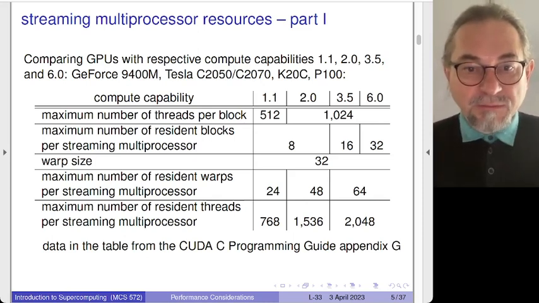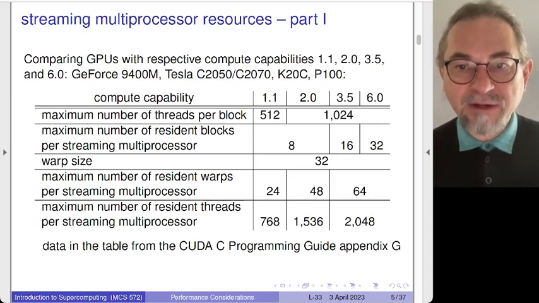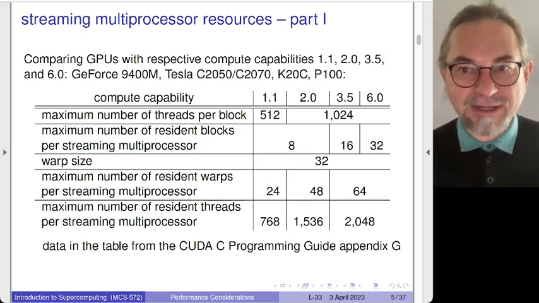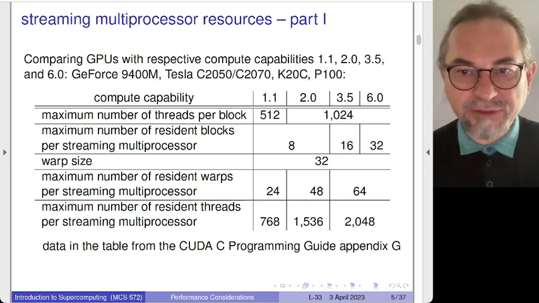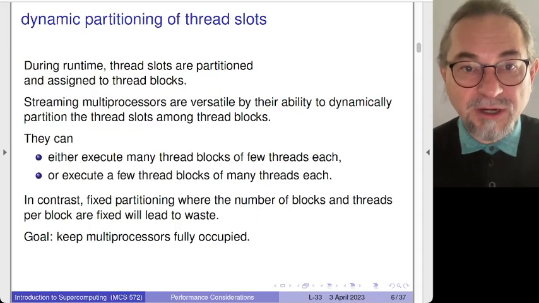So this is from the CUDA C programming guide along various generations of GPUs, going from a laptop that had a GeForce 9400M to the Pascal P100. So what does this imply for us?